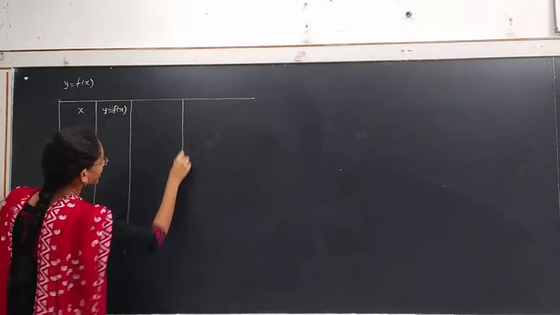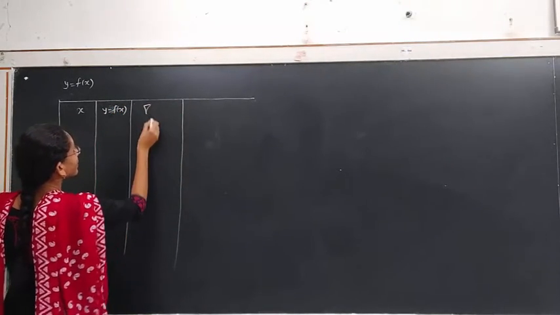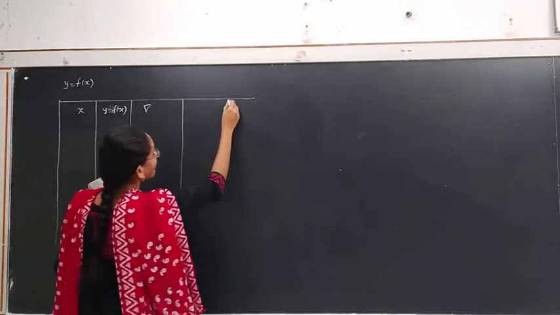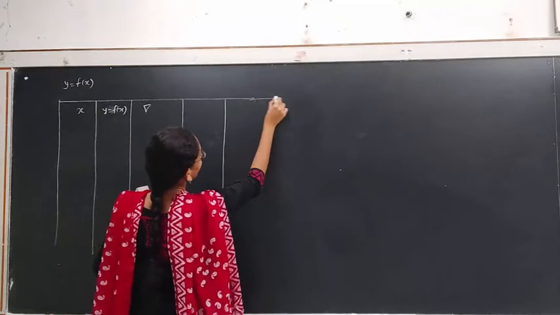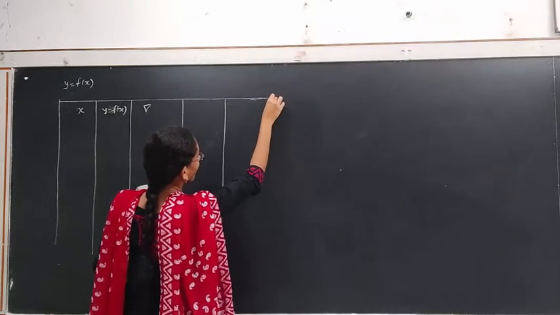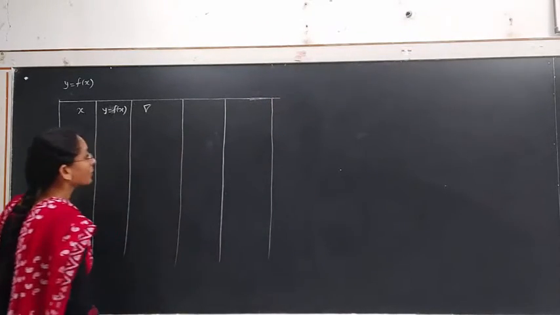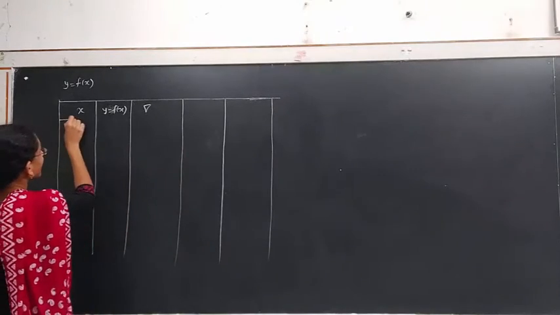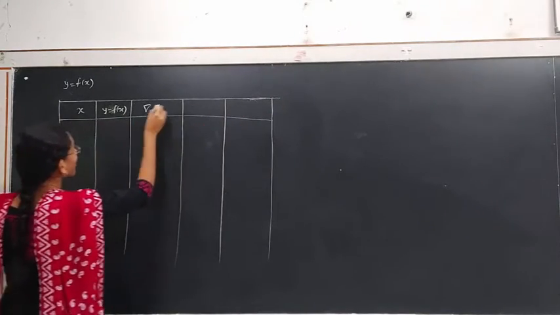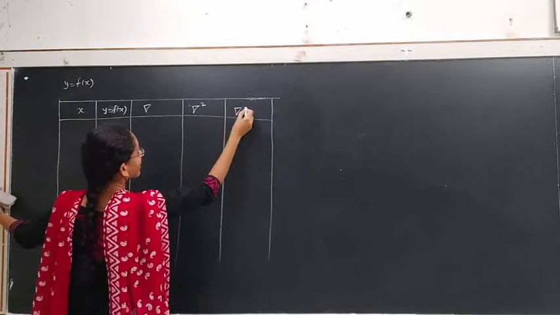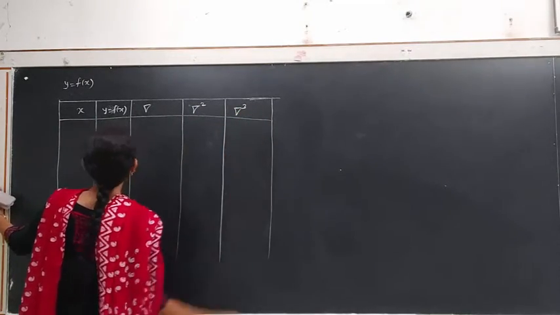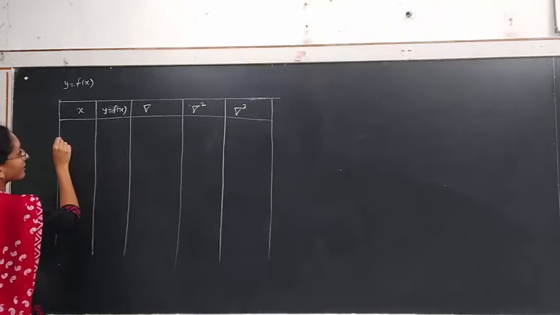Third column contains values of first order backward difference at the point y is equal to f of x. In the next column, there are values of second order backward differences, and in the next column, there are third order backward differences.